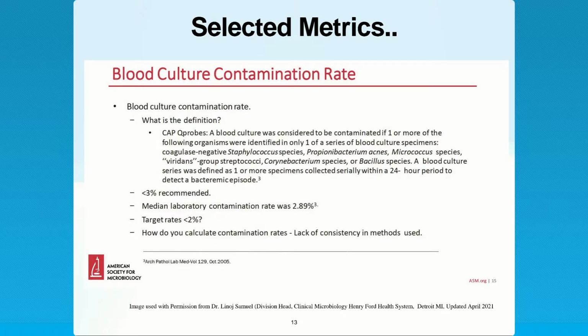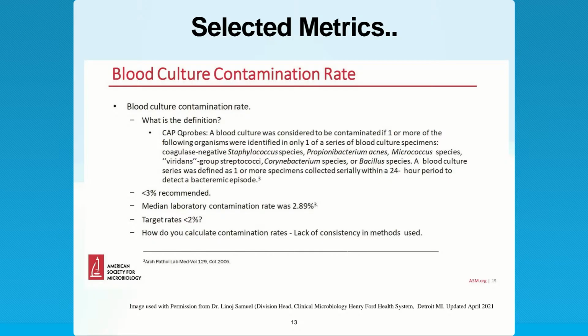And so we know that getting a blood culture contaminant can and does increase your time on therapy. It can and does alter hospital stays, so it causes you to stay in hospital longer. And it does have inappropriate use of things like antibiotics, which in the end leads to increase in resistance.